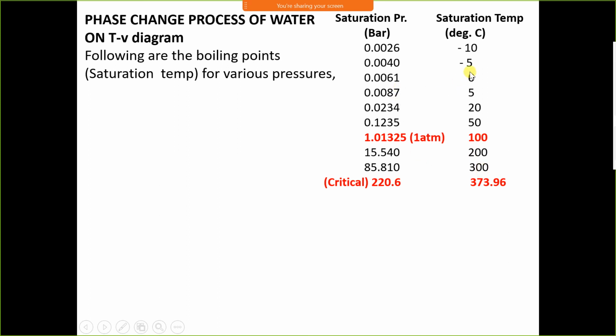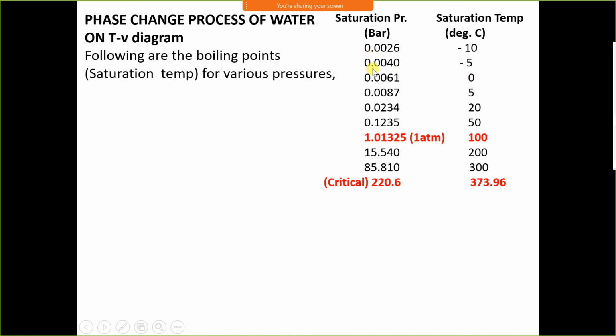Look here. Water can be boiled at 0 degrees Celsius if we take the water at 0.061 bar. If we are able to decrease the pressure of water to 0.061 bar, water will start boiling at 0 degrees Celsius.